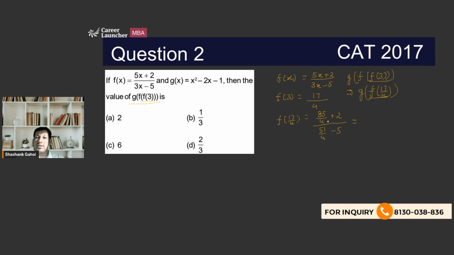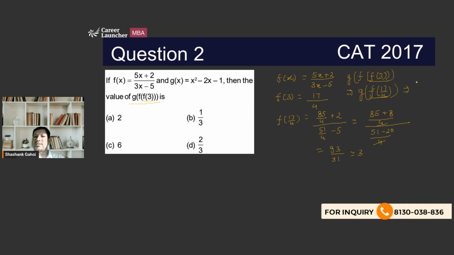This is a little lengthier, but don't worry about it. Take the LCM: 85 plus 8 plus 51 minus 20 upon 4. 4 cancels out, so the numerator becomes 93 and the denominator becomes 31. So this value comes out to be 3. Now I got the value of f of 17 by 4 as 3.